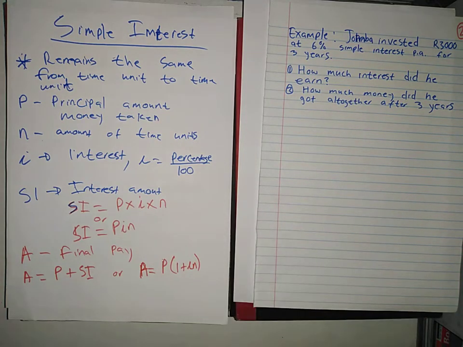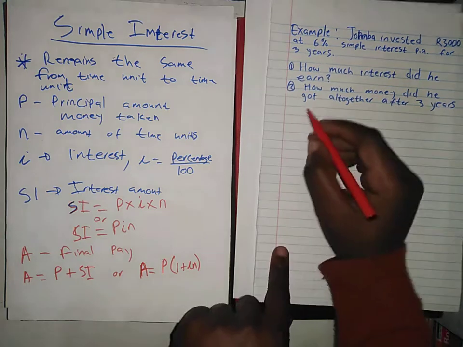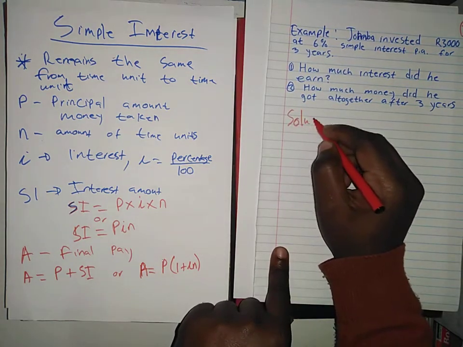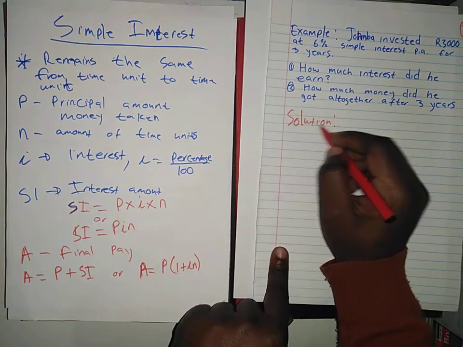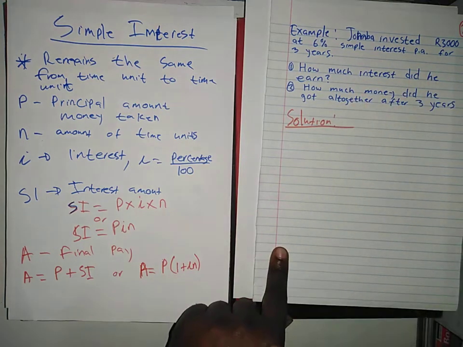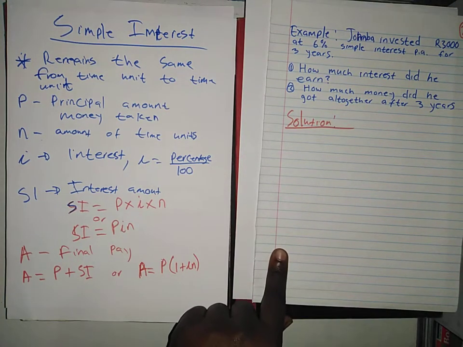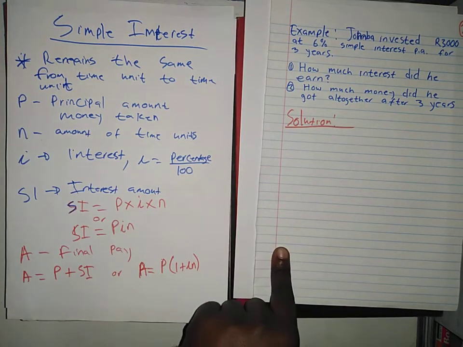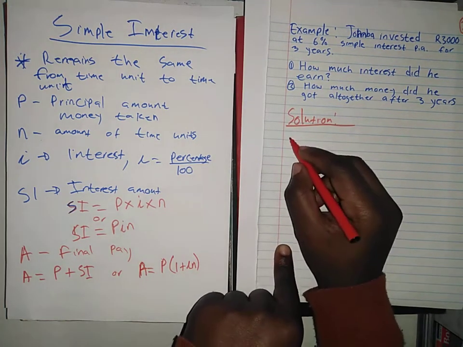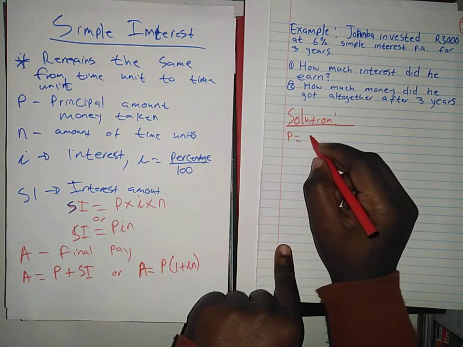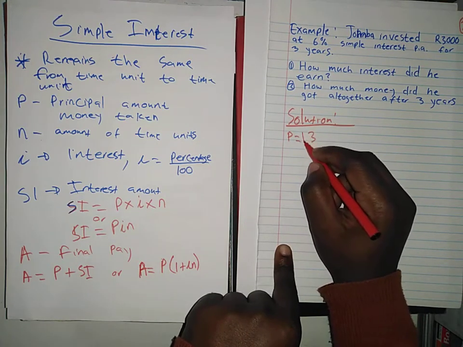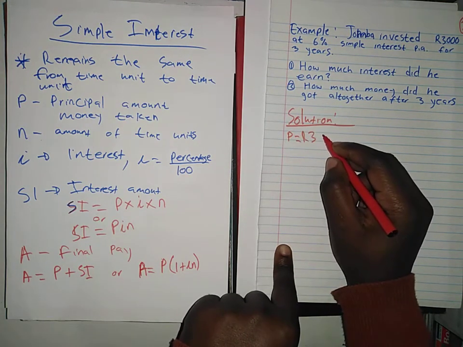So now, in the same way as we did earlier, solution. Let's pick up what we have. You invested 3,000. Now the P, the principal amount, earlier was money taken, but now it's money invested. So P is 3,000 rand.